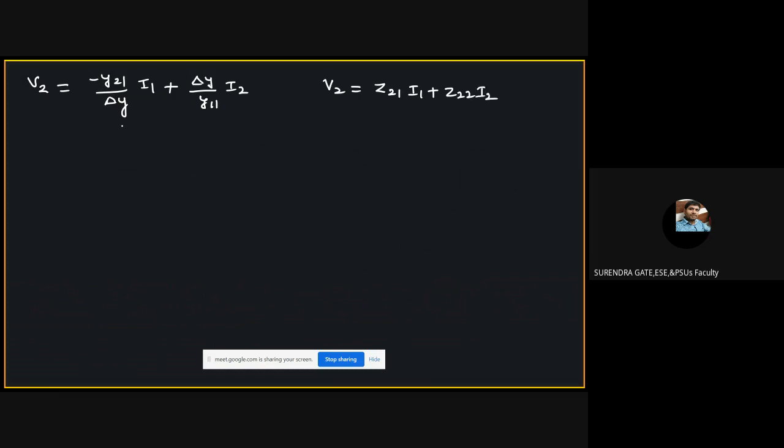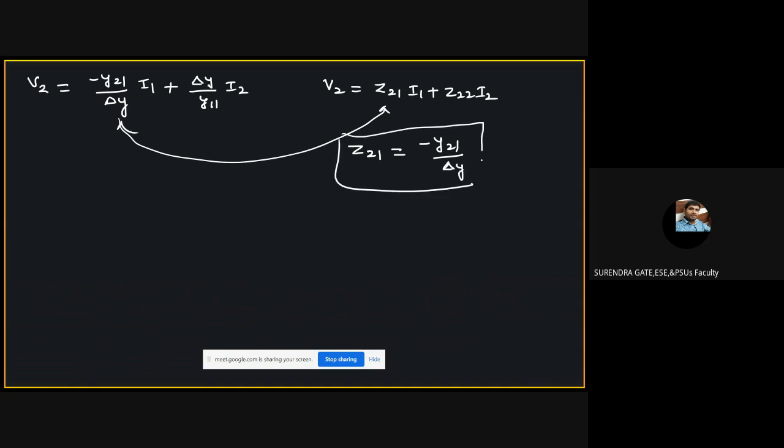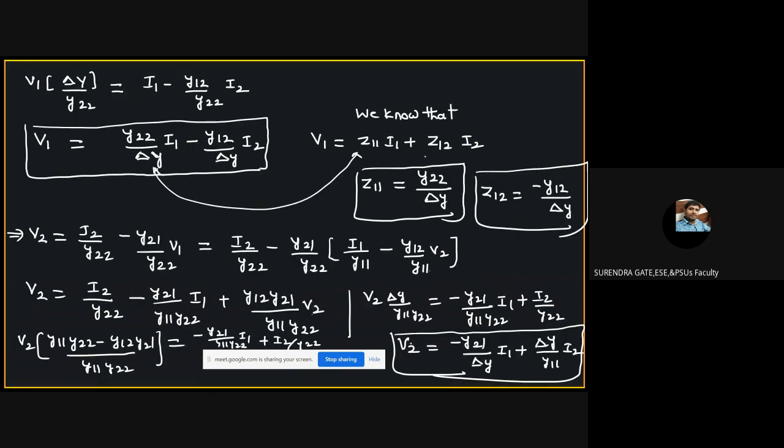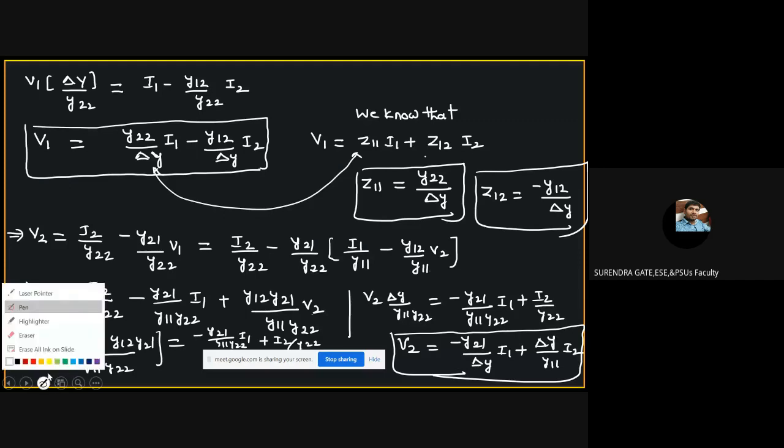Now we compare these two. Then what is the Z21? The Z21 equal to minus Y21 by delta Y. What is the delta Y, that you know. What is the Z22? Z22 equal to Y11 by delta Y.